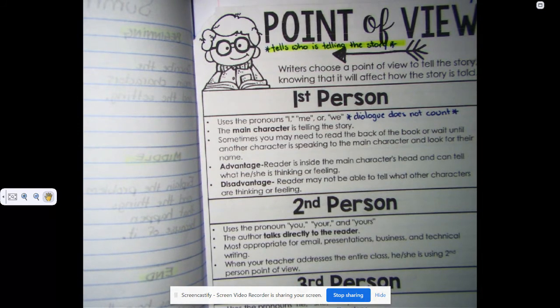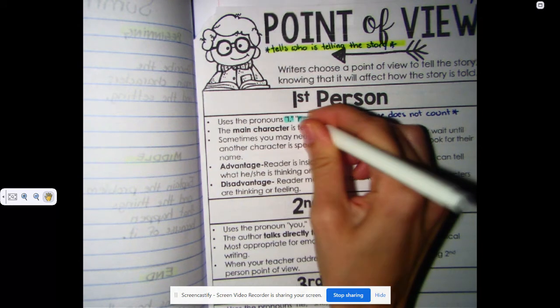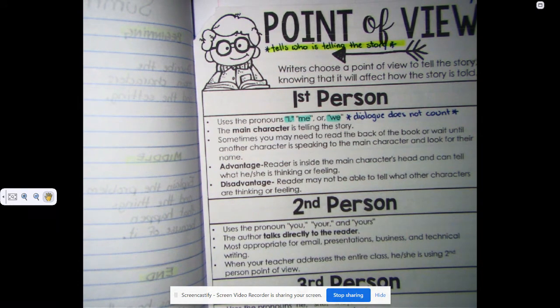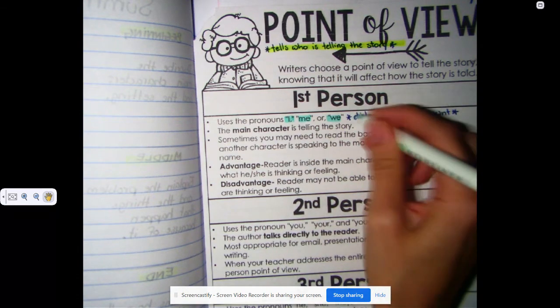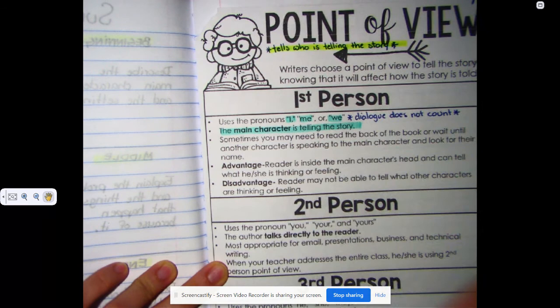Let's go ahead and highlight this I, me, and we to help us remember that those are the ones we use for first person. Okay. In this one, the main character is the one telling the story.